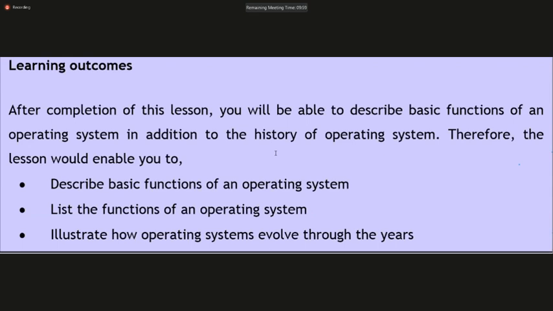So what's the difference between normal software, meaning the application you are running, like now we are running Zoom, right, and the operating system? Now you know operating system is software.